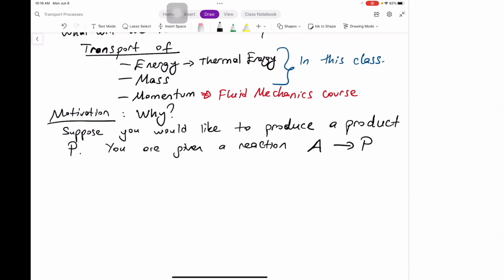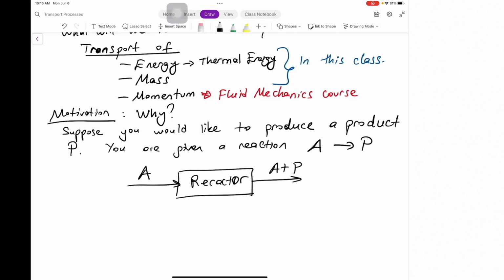You have a reactor here, and you want to feed your A's and get a mixture of A's and P's. It might not be total conversion, but okay, let me write this reactor correctly.